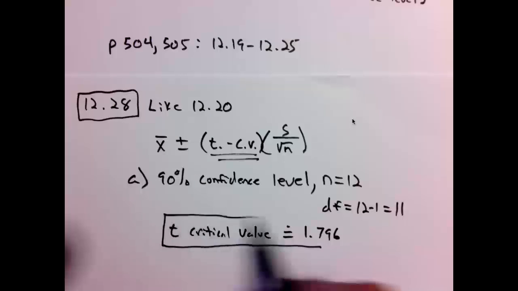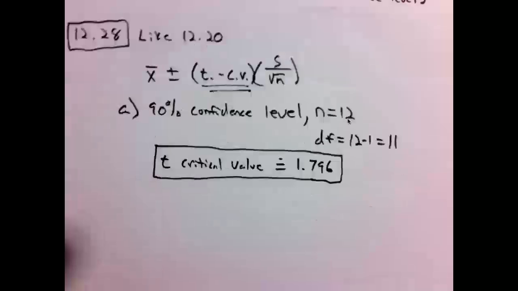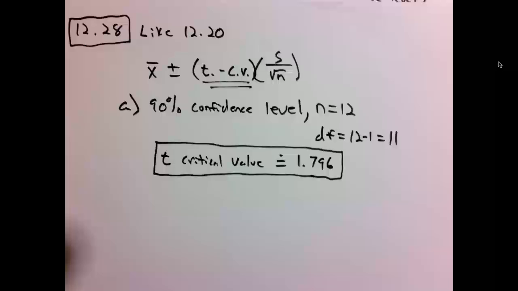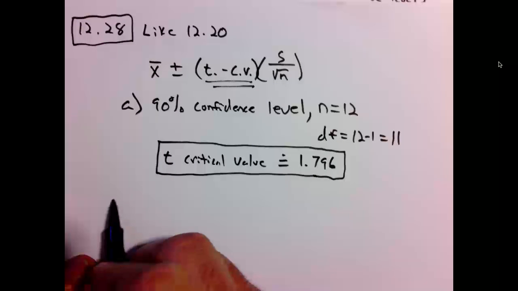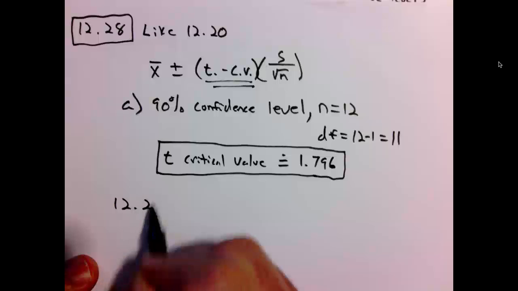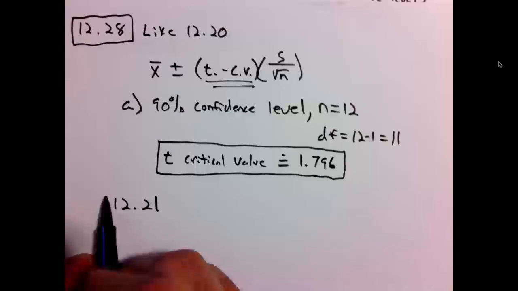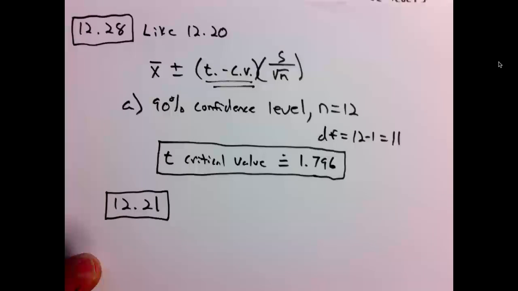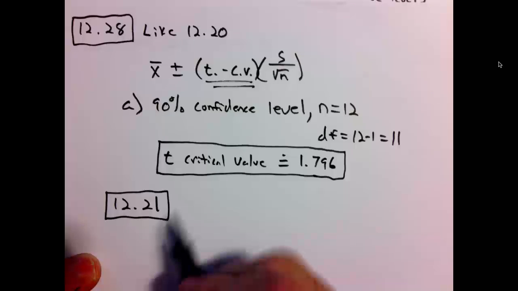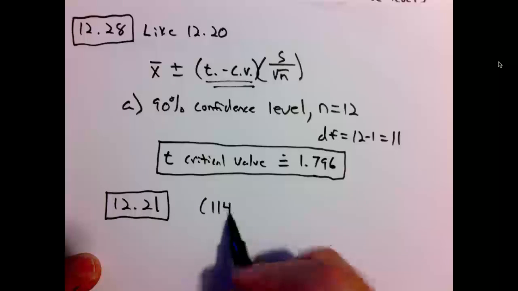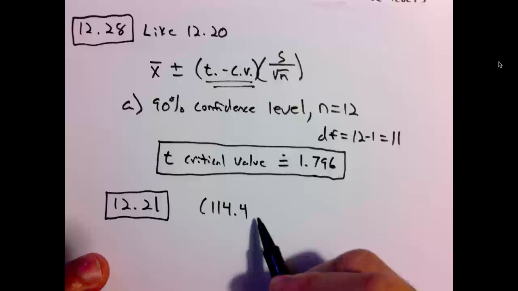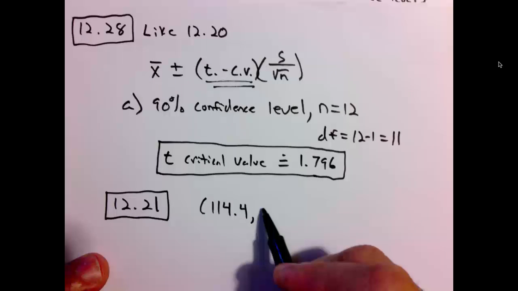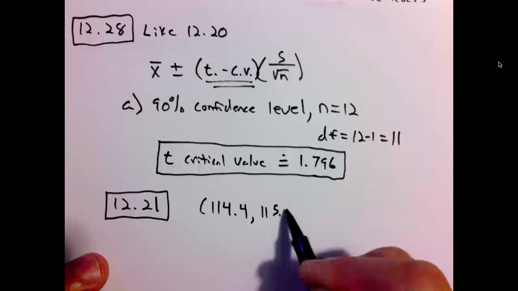You should be able to assist with this assignment. I'm going to do 12.21. This is directly off of your work. 12.21 says we have two intervals. We have the interval 114.4, comma, 115.6.